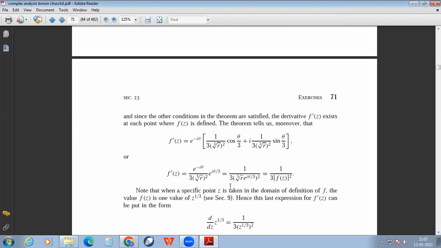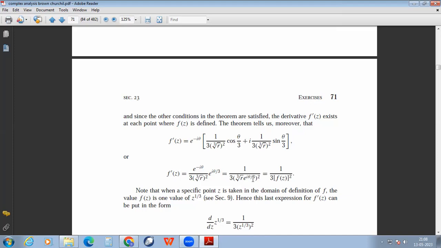So they have given the derivative here in the same language, only they have carried it to the denominator. This is r raised to 1/3, this is e raised to i theta by 3 and they are squaring it. Whereas we have written it as r raised to 2/3, e raised to i times 2 theta by 3, and that was in the numerator with minus sign.